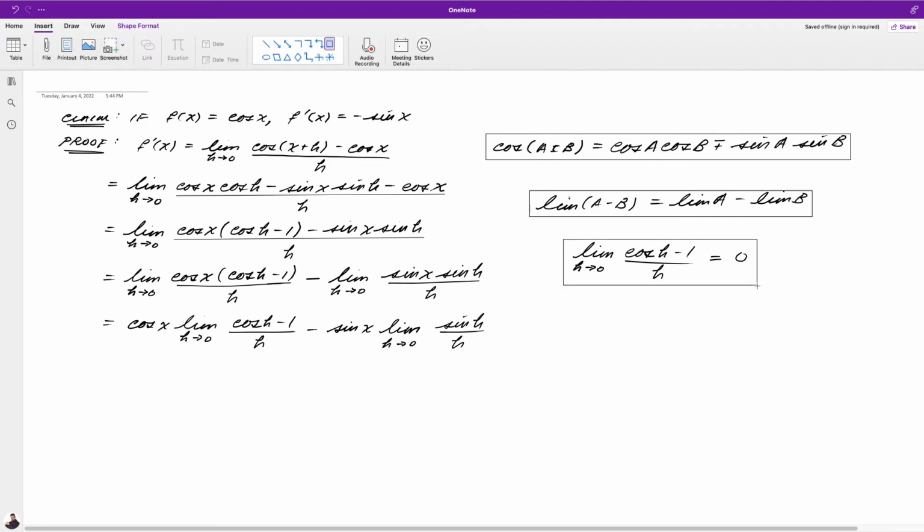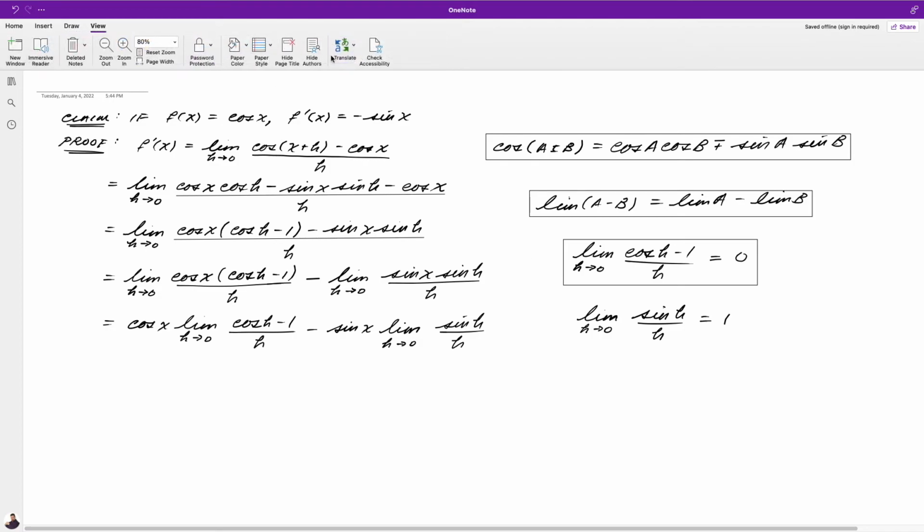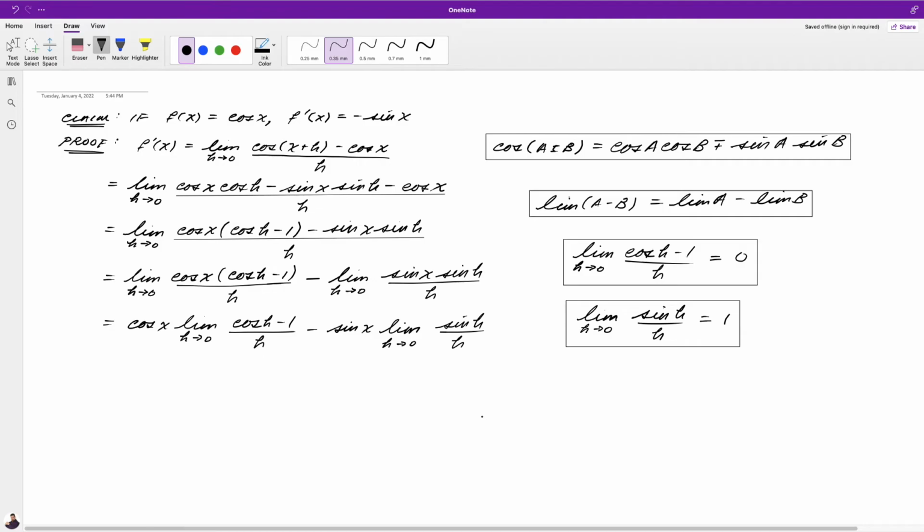I will be providing a geometric proof for not only this one, but for this as well in a future video. I'm assuming that the viewer has at least some rough familiarity with these two limits, given that you can't really get through any single variable introductory calculus course without seeing these two.